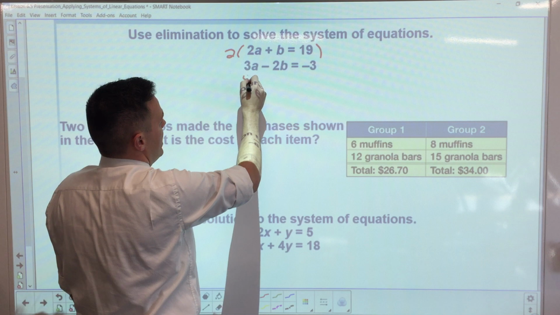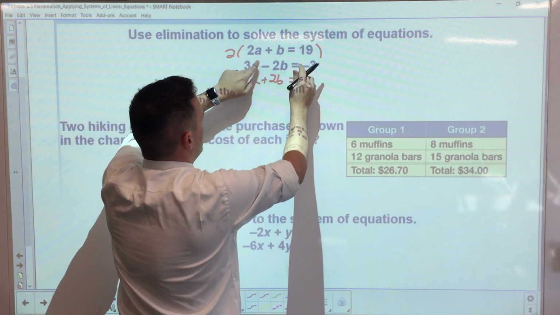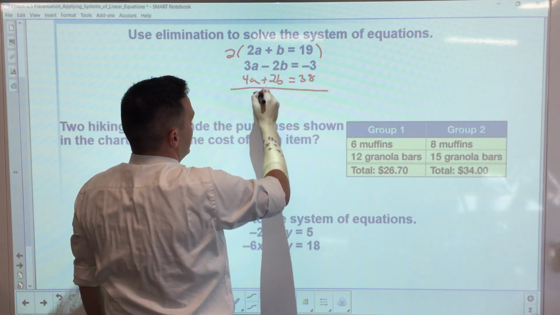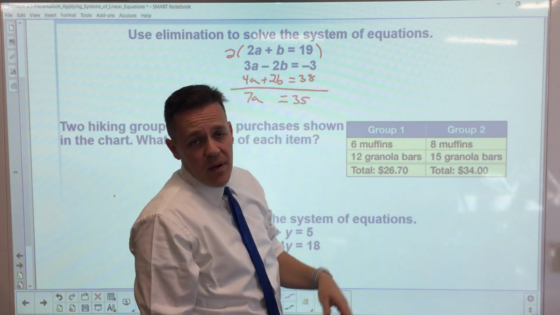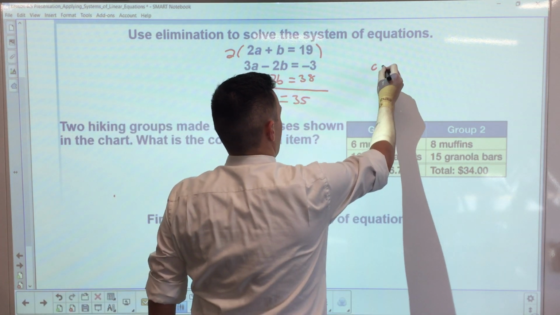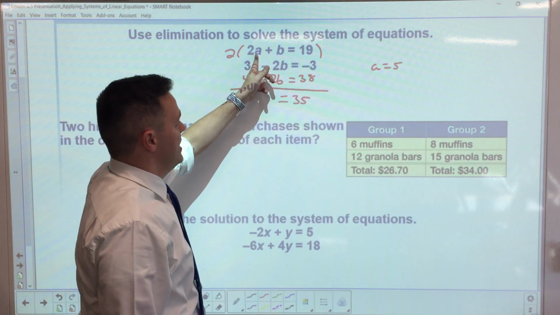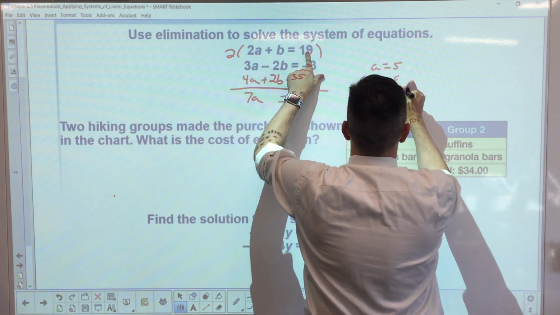So you would have 4a plus 2b equals 38. Add that up, that'd be 7a equals 35. 35 divided by 7 is 5, so you know a equals 5. And then you guys can figure out b, right? Plug in 5 to make 10, subtract it, b equals 9.